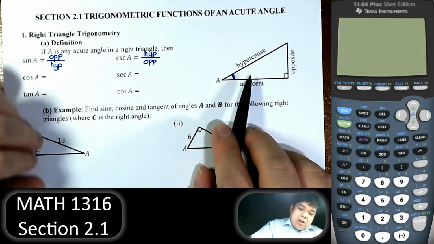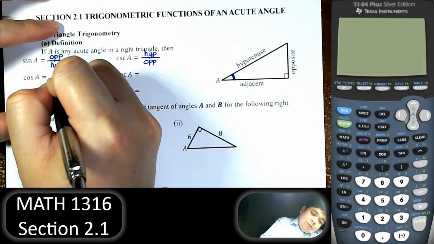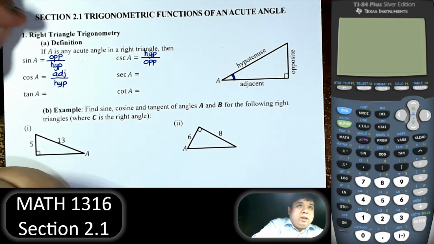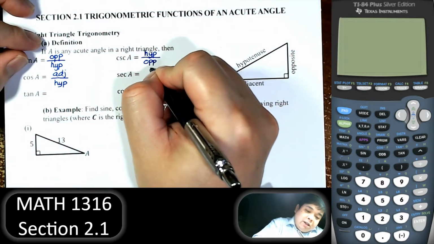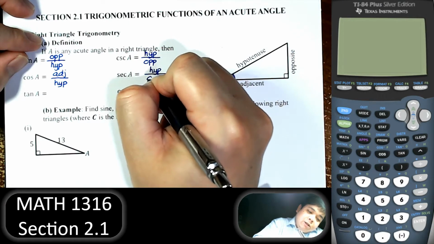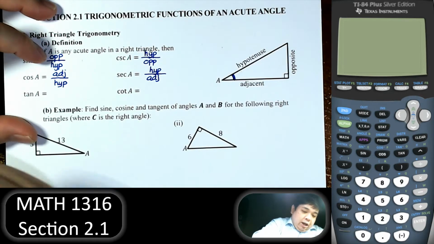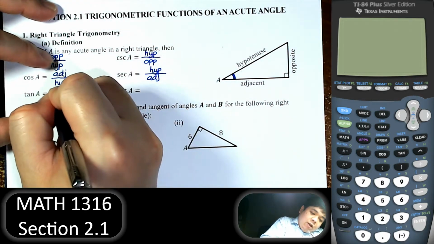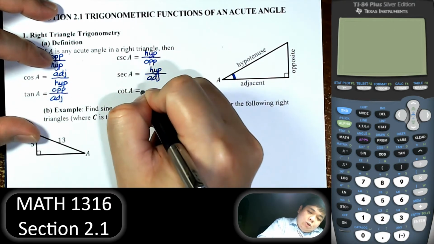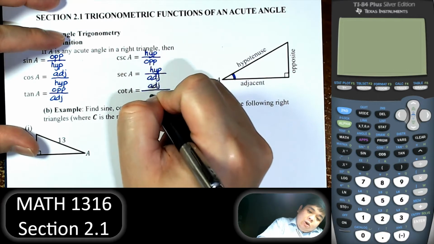Cosine is adjacent over hypotenuse, and secant is the reciprocal of that. Tangent is opposite over adjacent, and cotangent is the reciprocal of that, adjacent over opposite.